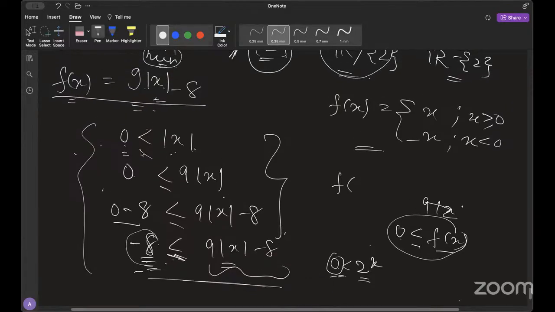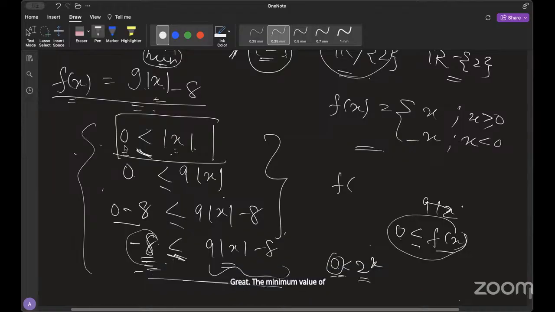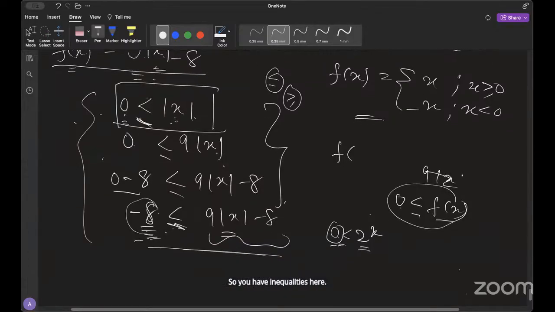Okay, you start from here. I hope you're clear with the fact that mod x is always greater than or equal to 0. It's never negative, right? The minimum value of mod x is 0. These are called inequalities, and in inequalities there are some rules that you can follow.